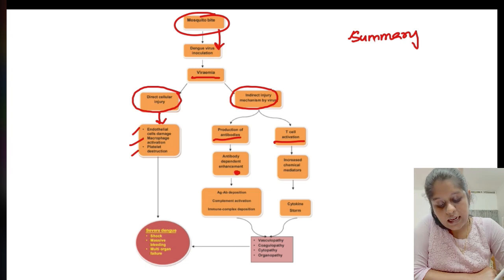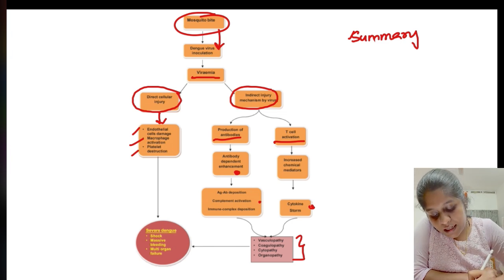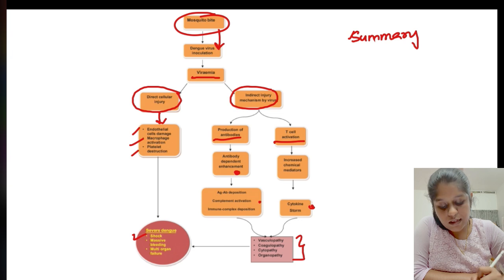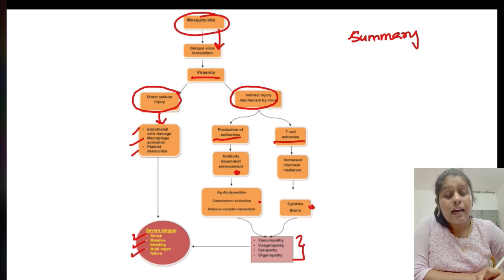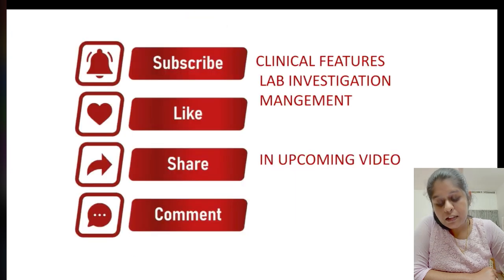Antibody dependent enhancement occurs, and because of that, there will be complement activation and cytokine storm. So this is going to form vasculopathy, cytopathy, coagulopathy, and organopathy. In severe dengue, this is going to clinically manifest with shock, massive bleeding, multi-organ failure, and severe complications that can increase the mortality. So in this video, we learnt about the pathophysiology of dengue virus.